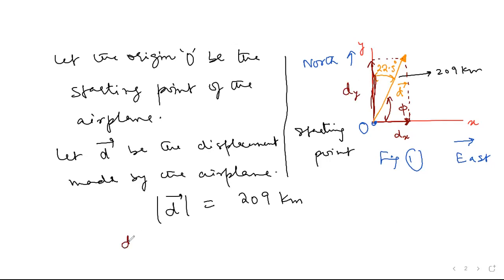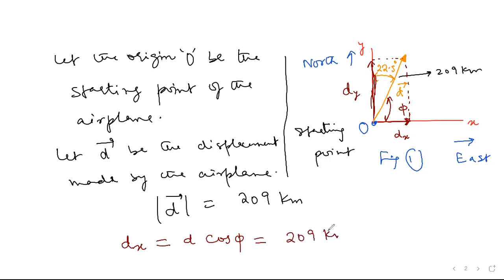So dx is the x component of d that will give me how much the plane travels along east. As you can see, dx is simply d cosine phi, right?